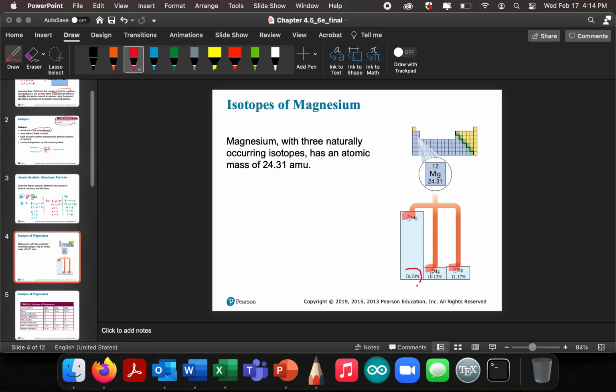But we do know that about 79% of magnesium is magnesium-24, about 10% is magnesium-25, and about 11% is magnesium-26.